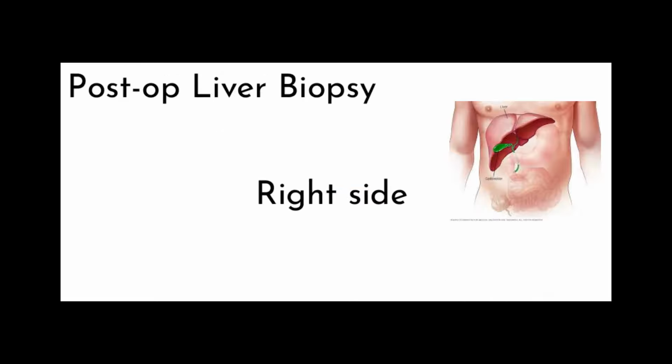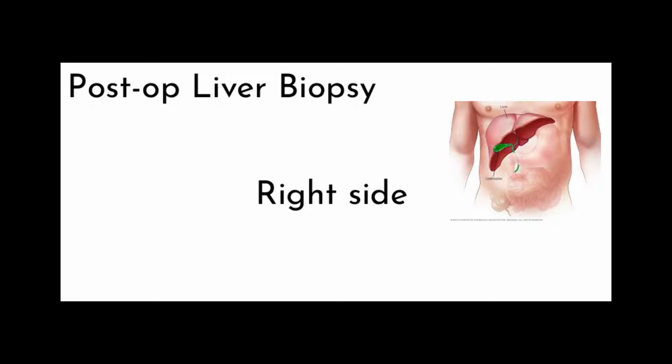So let's now move on to talk about post-liver biopsy. In post-liver biopsy, you have to ask yourself, the liver, which position do we have the liver? Of course, we know that the liver extends from the right hypochondria through the epigastric to the left hypochondria.